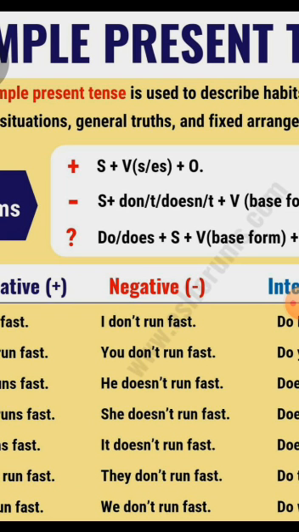Where do we use s or es? Suppose I talk about Ravi plays, Seema goes, dog barks. So with a singular subject, he, she, it, or any singular person or singular number, we use the s or es form. So this is very simple.